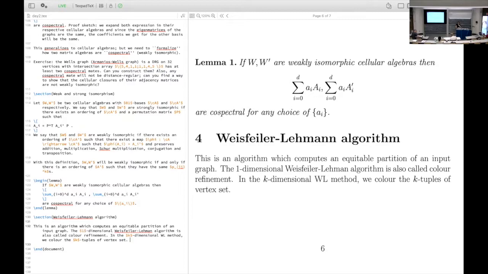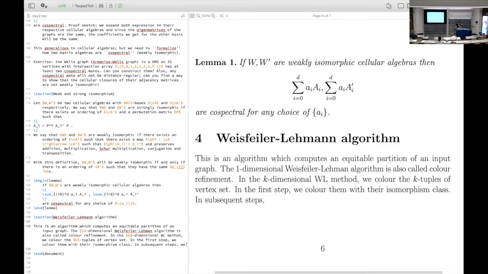So in the first step, in color refinement, we just colored with degree. But for the k-dimensional thing, we're going to color the tuples with their isomorphism class. And then in each subsequent step, we color each k-tuple with the multi-set of colors of its neighbors, which are going to be those k-tuples that differ in exactly one position.